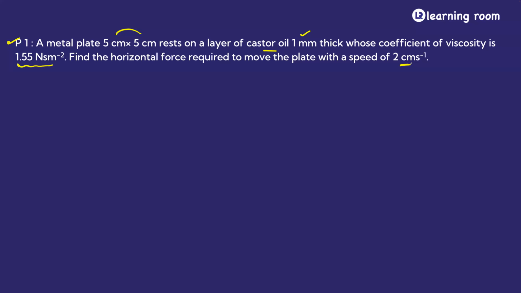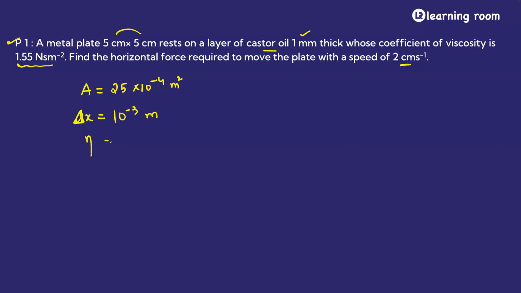So tell me how to do this. So area is 25 into 10 power minus 4 meter square. So what is going to be the value of delta x? It is 10 power minus 3 meter.